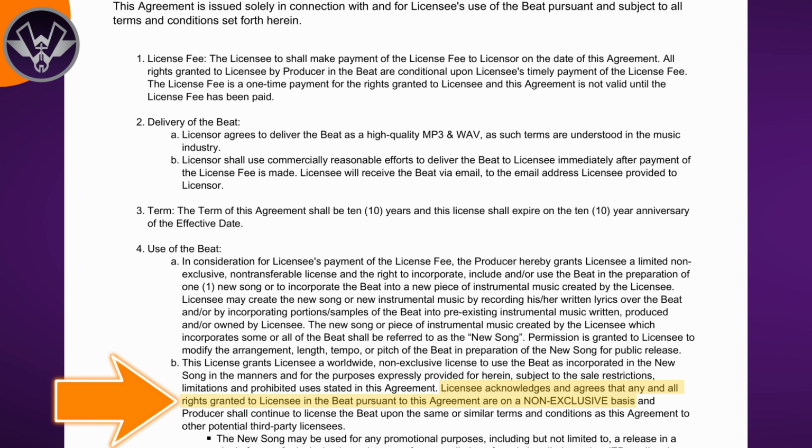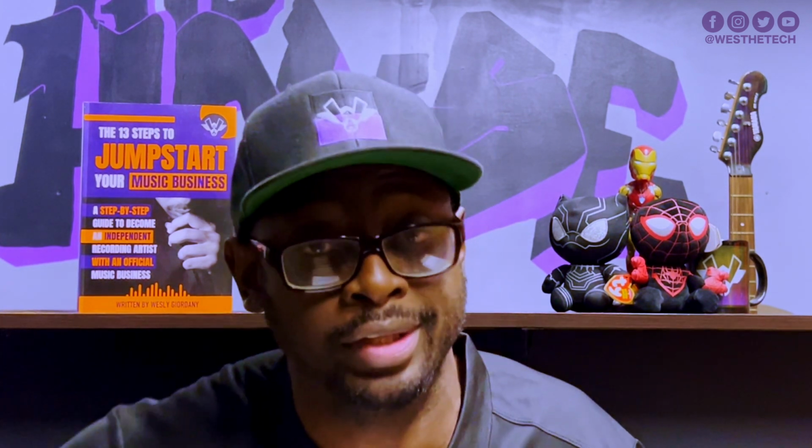This is why they put non-exclusive in all caps, right? Because non-exclusive essentially means that the beat doesn't belong to you and that they can actually lease the same beat to other artists, right? Meaning that 20 different artists can use this same beat and get this same exact licensing agreement and be able to make one new song with the same beat, right? That is what a non-exclusive beat is.